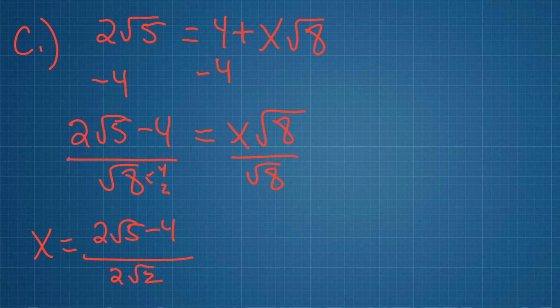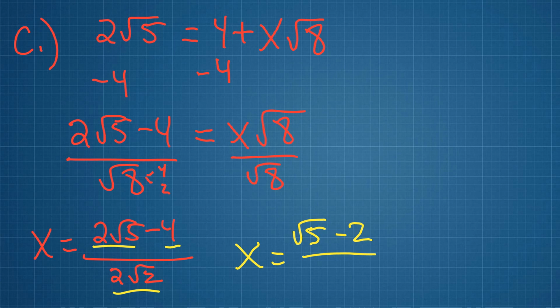So to make my life a little bit easier, before I go any further, I'm going to say, look, all 3 of these can be divided by 2. So my final answer right now is x equals radical 5 minus 2 all over radical 2. Now I'm going to multiply everything by the conjugate, radical 2 over radical 2. It's a simple conjugate.